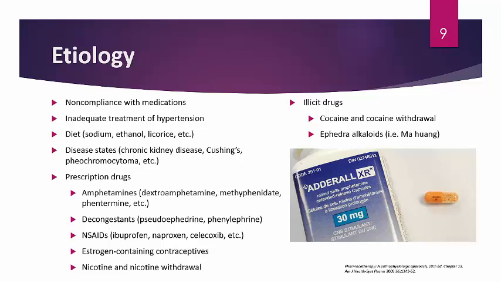Another factor that's important to consider when evaluating hypertensive crisis is patients' medications, and that can include prescription drugs as well as illicit drugs. Some prescription drugs that may contribute to hypertensive crisis include amphetamines such as dextroamphetamine, methylphenidate, phentermine, etc. A lot of these agents are actually used for the treatment of ADHD, which you'll learn about in Patient Care 3.